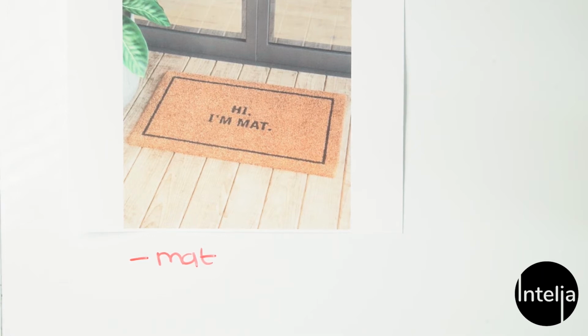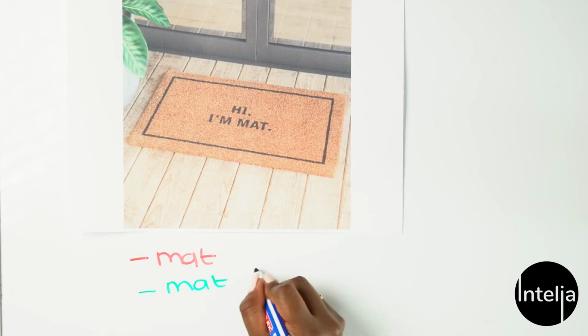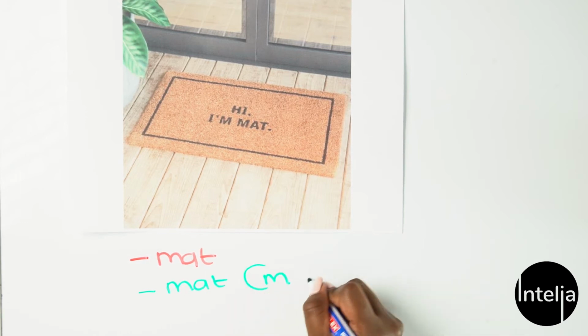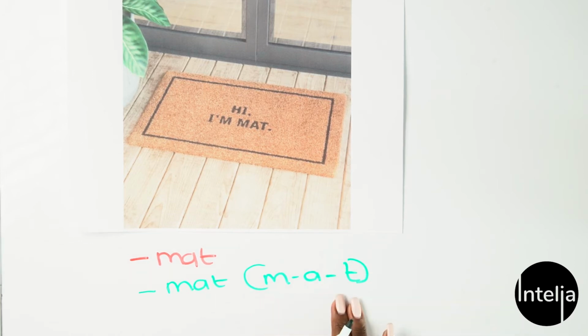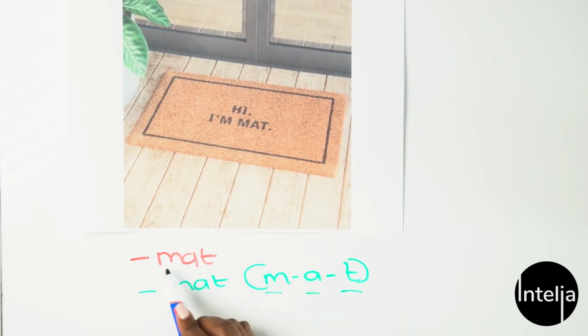Do you remember? That's right, a mat. Spelled the same, pronounced differently. Mat. Mat, mat. Mat, ma, ma.